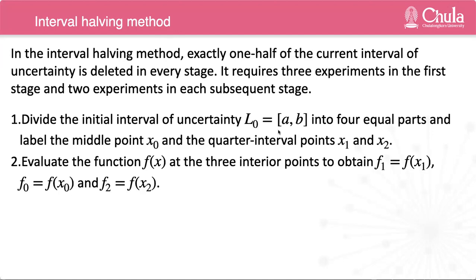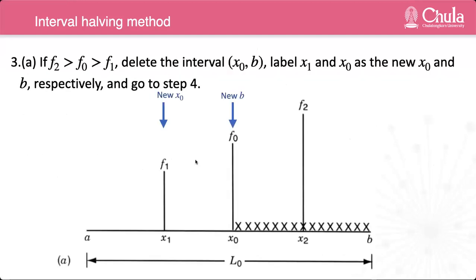Let's say our initial interval is A to B, it's L0. We divide it into 4 equal parts. We label the middle point as x0, and the quarter points x1 and x2. Then we evaluate the objective function at each point.